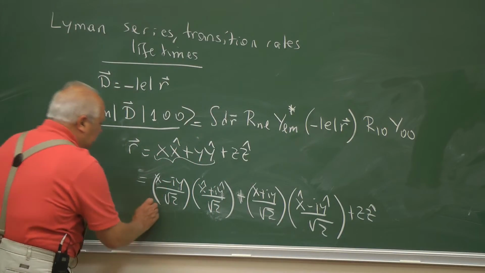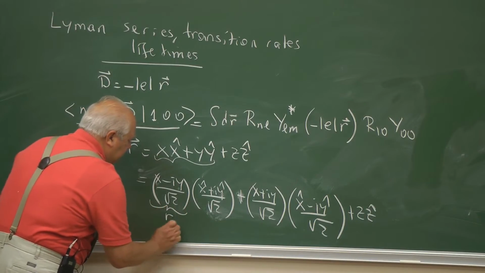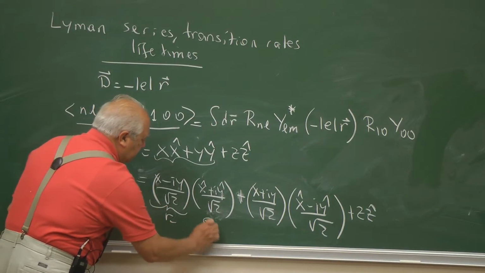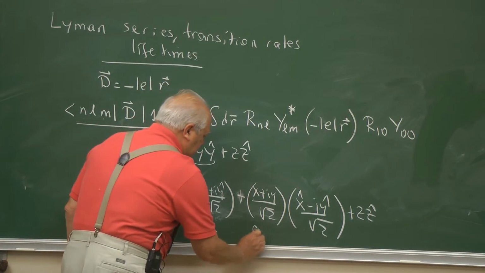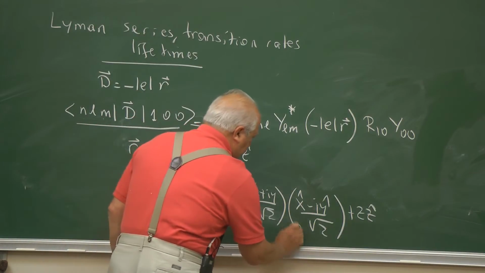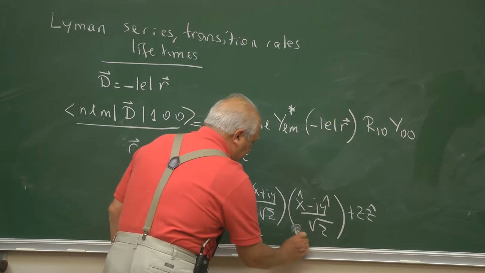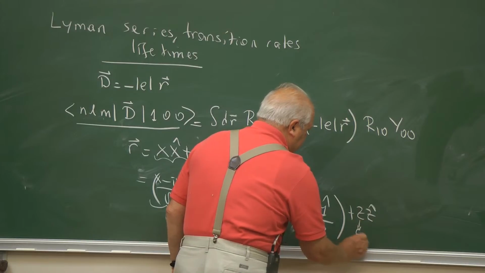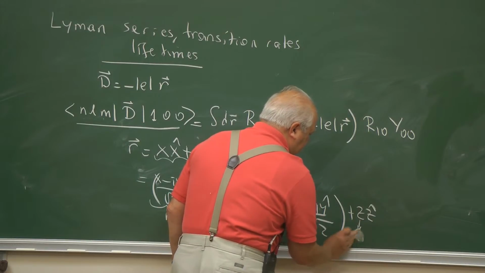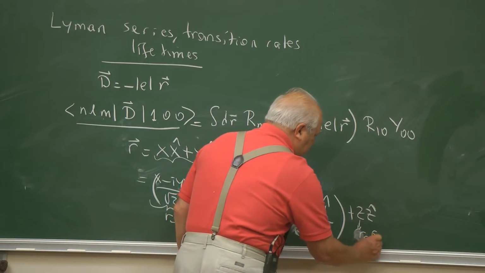Now let me denote these as r minus, epsilon plus unit vector. This is a unit vector. This is r plus, epsilon minus unit vector. And let's call it epsilon 0, r 0, epsilon 0.